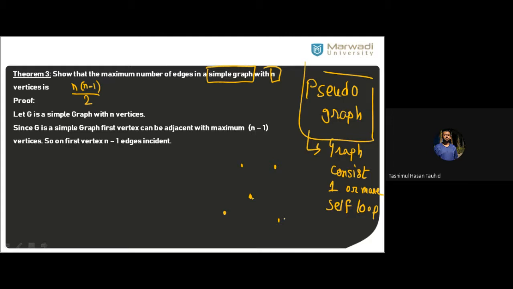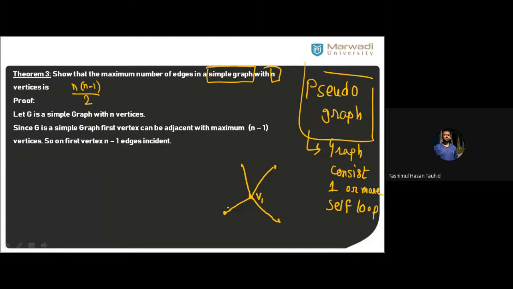What is the maximum possibility that I can connect that vertex with all other vertices? It is 4. Let's say this is V1. I want to connect V1 with all other vertices. How many possibilities is the maximum? 4. So for 5 vertices, the maximum possibility is 4.